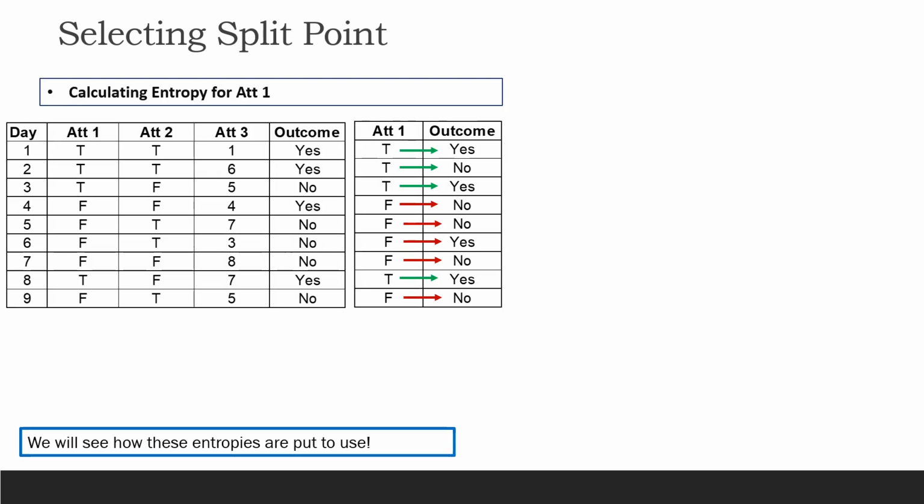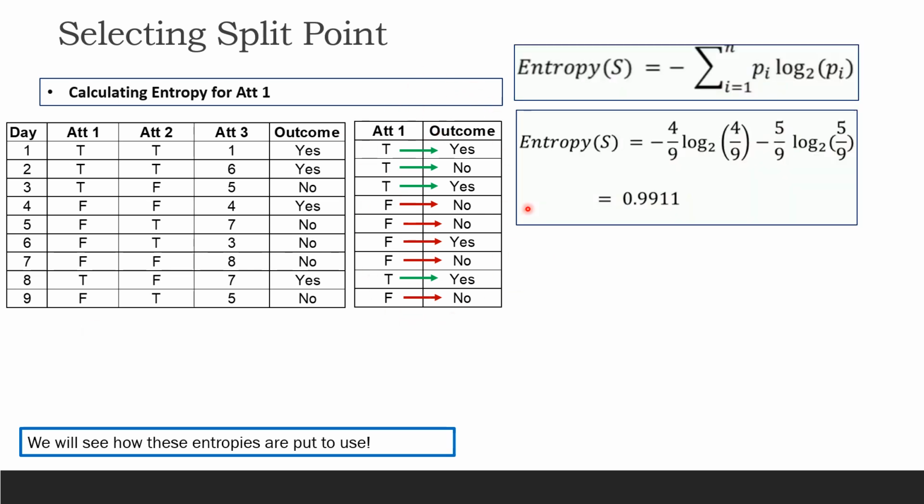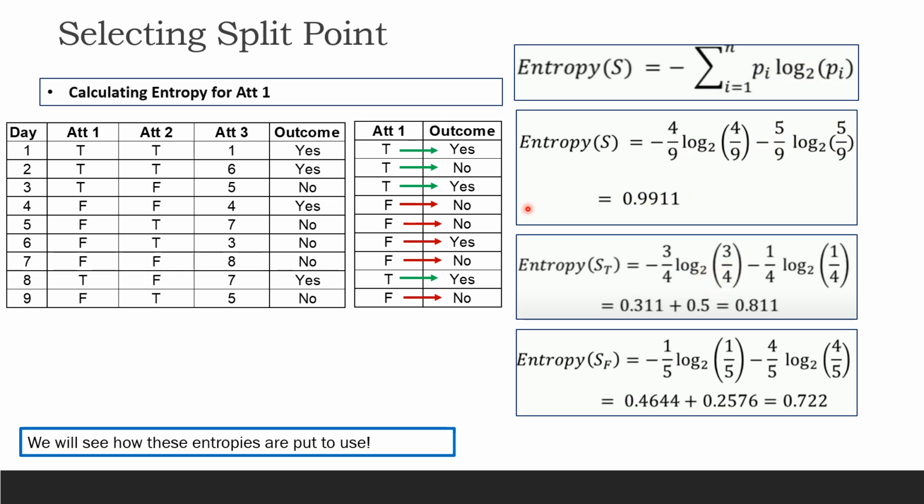So now taking entropy for attribute 1. This is the attribute 1, and we have taken it separately and taking it forward. Now this attribute 1 has certain trues and certain false. So if we count the green arrows, there are 4 green arrows, so there are 4 true values and there are 5 false values.